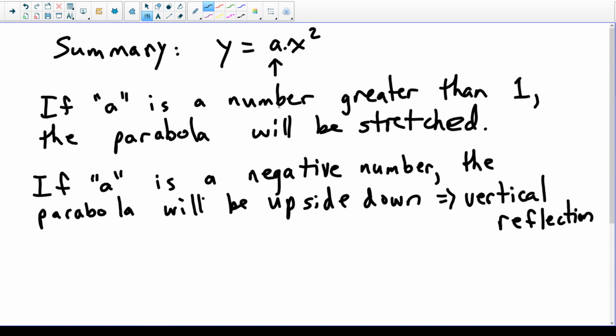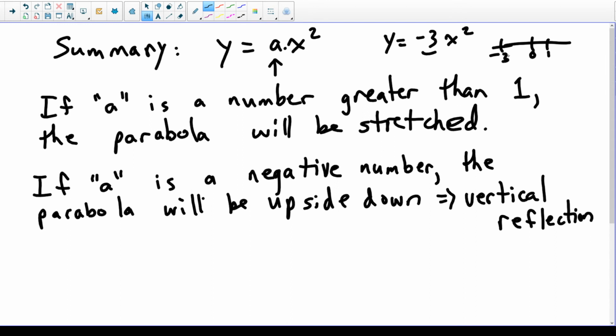Now we have to be careful when we say if a is a number greater than 1. I'm just going to talk about this quickly because it's a little bit confusing. If I write y is equal to -3x squared, okay, is -3 greater than 1? If we think of our number line, 1 is here, -3 is here.